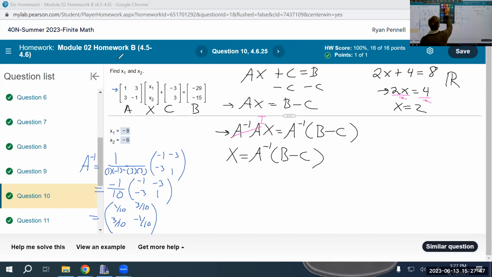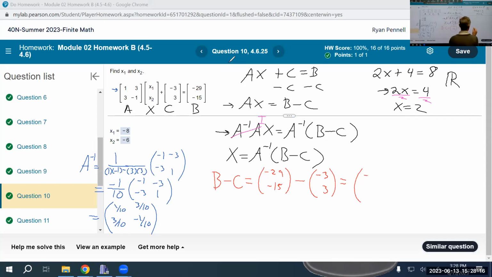What is B minus C? I got 20, 15, -3, and -29 minus -3 would be +3, so -26, and -15 minus 3 is -18.